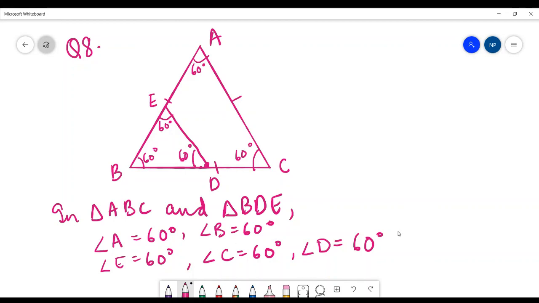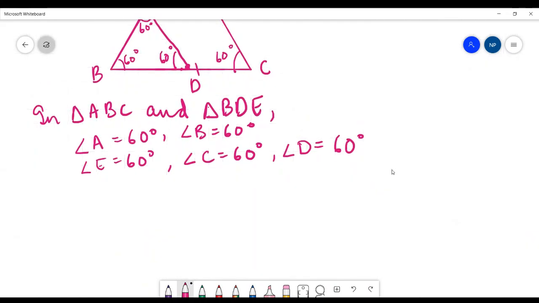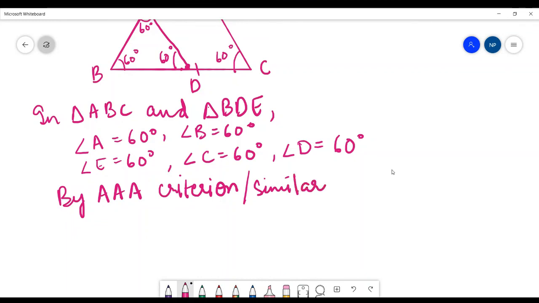So, when all the three angles are equal to the respective angles of the other triangle, we can say by triple A criterion of similarity, we can state that triangle ABC is similar to triangle BDE.